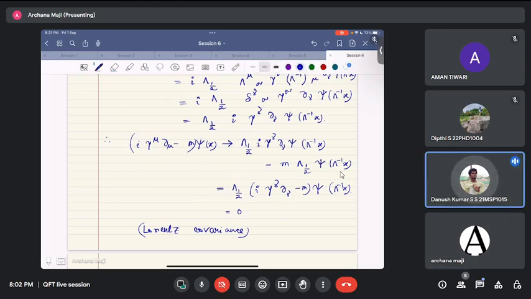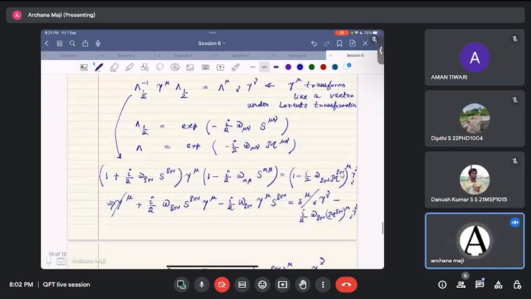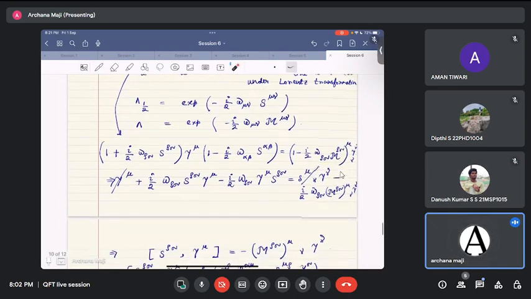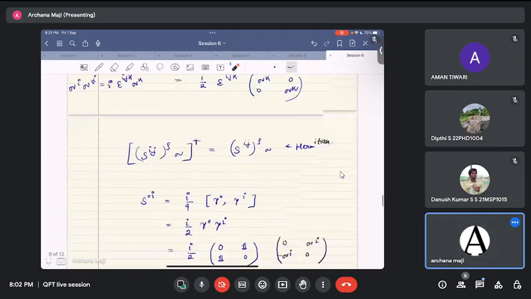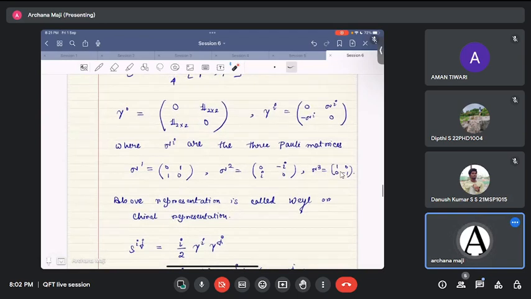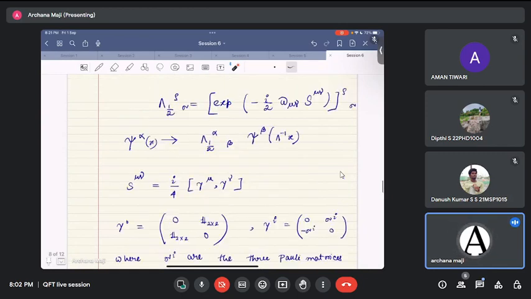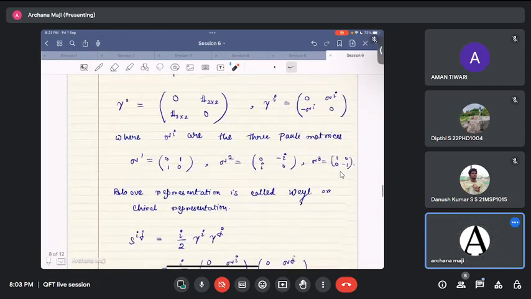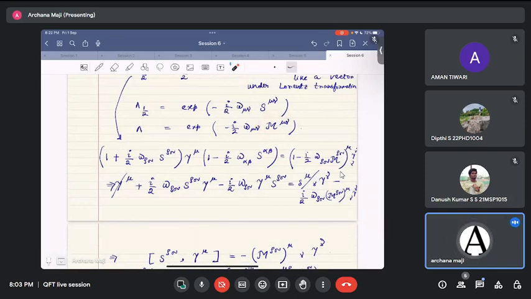Okay. What is the primary difference between lambda half and lambda? So lambda half is defined by exponentiating this S mu nu, which we have constructed from the gamma matrices which satisfy the Clifford algebra, and the spinor transforms under lambda half, but any vector transforms under lambda, which is obtained by exponentiating the matrix representation of the vector representation, M mu nu, which we started defining at the beginning, and then we defined the spinor representation.